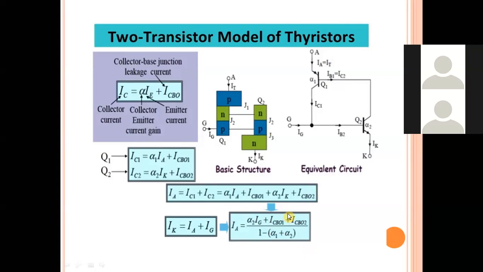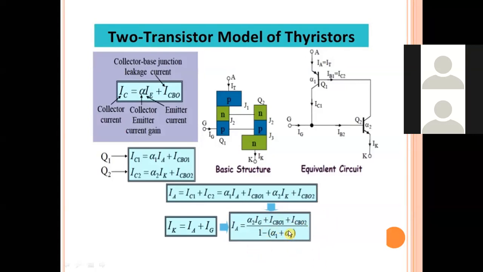The second consideration is that across the reverse biased junction, the multiplication factors for holes and electrons become quite high. In that case, a rise in the forward applied voltage makes the device conduct.